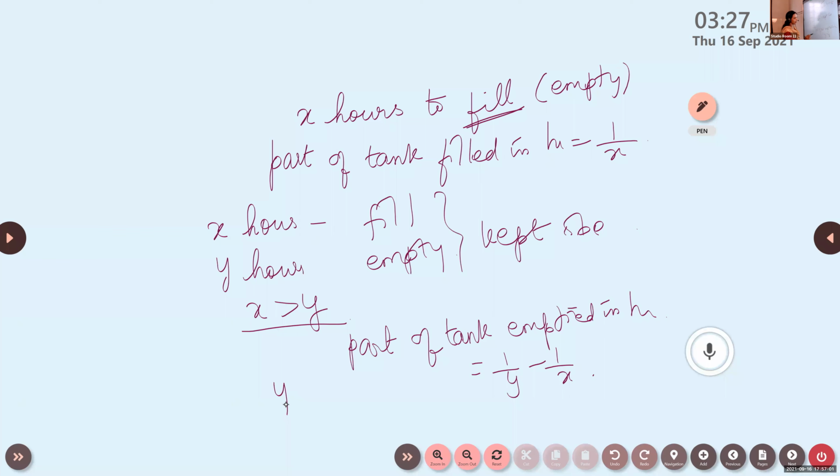Similarly, when y is greater than x, that means emptying is greater. In that case, what is the part of the tank filled? The part of the tank filled will be 1 by x minus 1 by y.